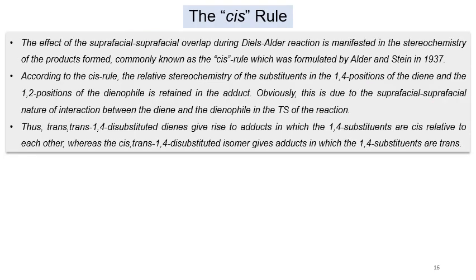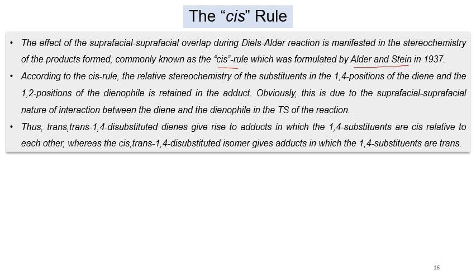What is the cis rule for Diels Alder reaction? Now the effect of the supra-supra overlap in the Diels Alder reaction has a bearing on the stereochemistry of the product that is formed. This is known as the cis rule. This cis rule was formulated by Alder and Stein in 1937.